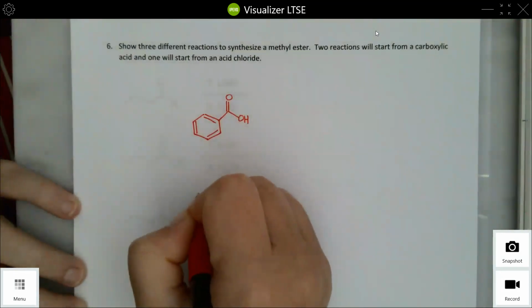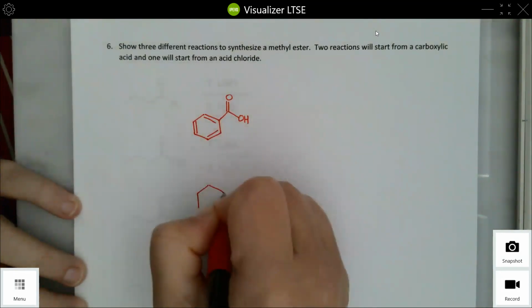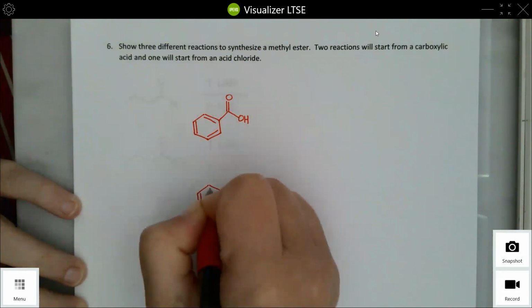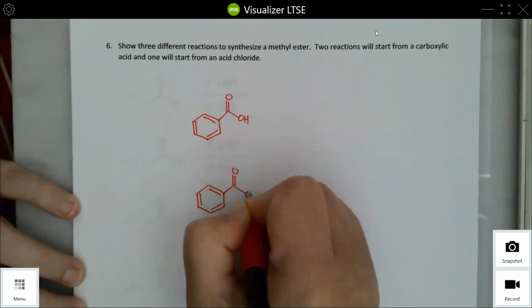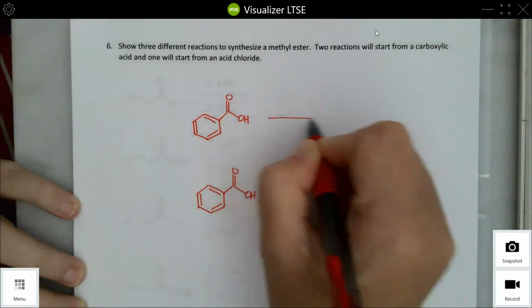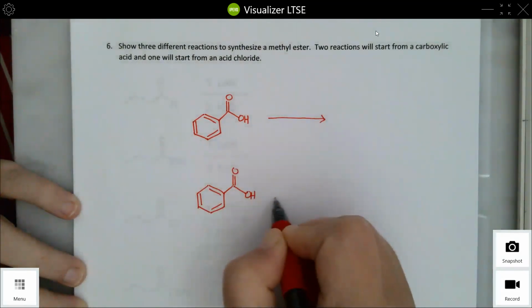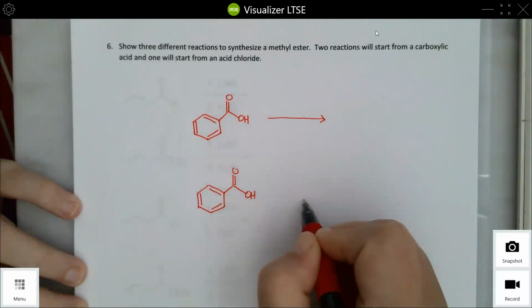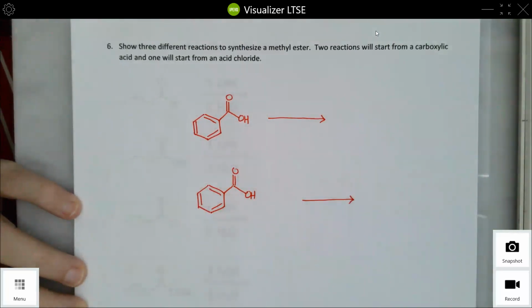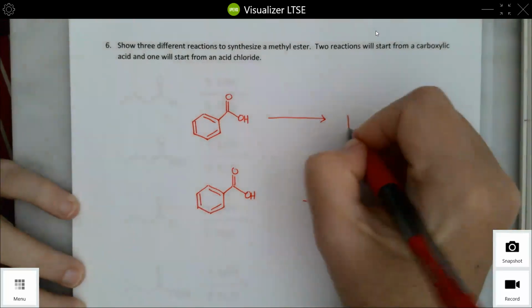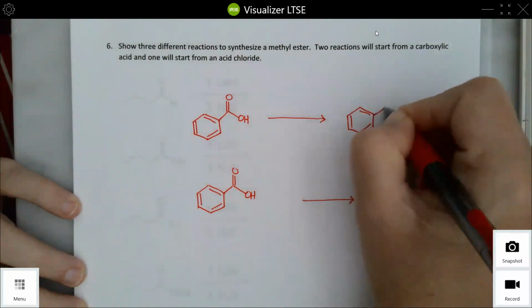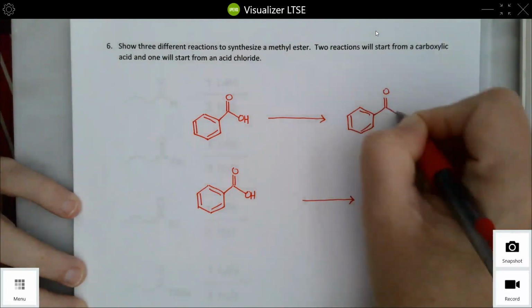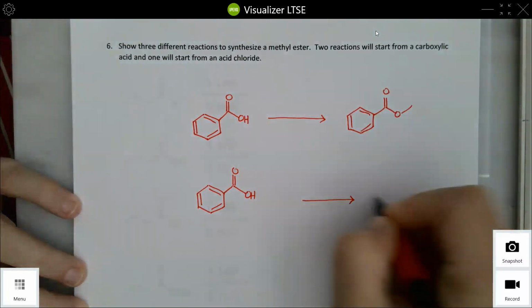So I will just draw that twice. And leave some space on this one. It wants me to synthesize a methyl ester, so I'm going to go ahead and draw in the product here. I want a methyl attached to that oxygen.